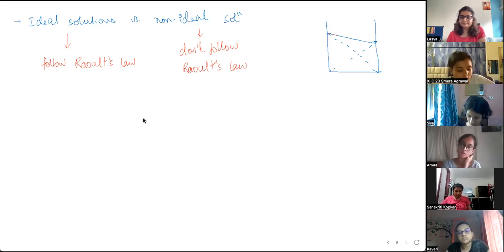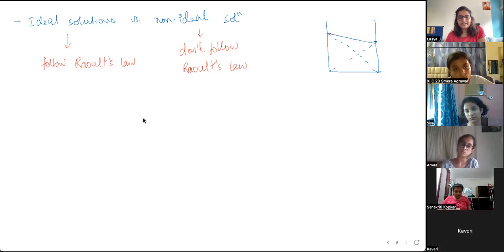But the ideal solution cannot be gas and liquid. That is still a solution, yes. We look at ideal solutions and non-ideal solutions. These are different categories of liquid-liquid solutions. We look specifically at Raoult's law.